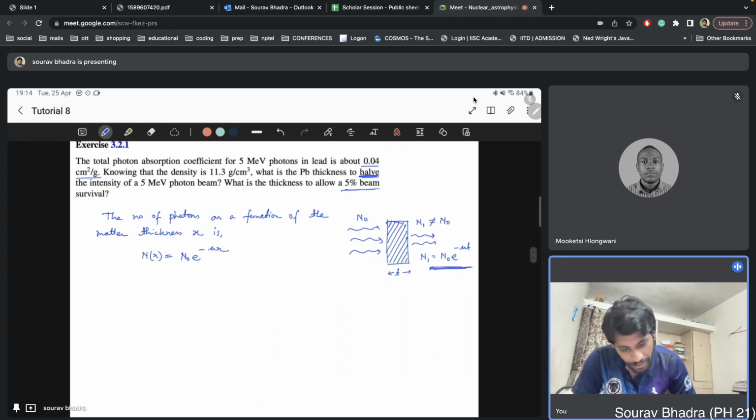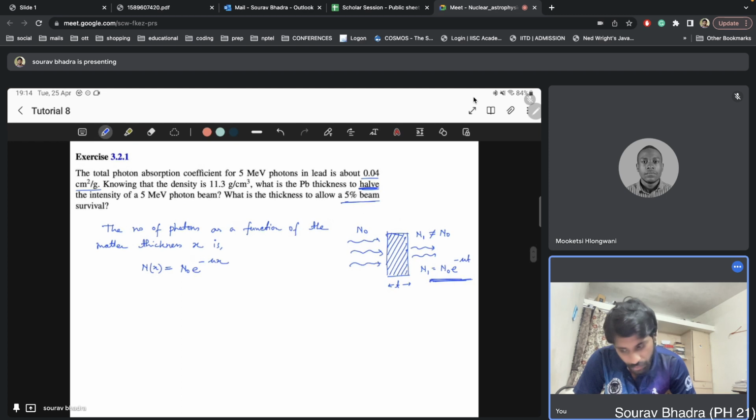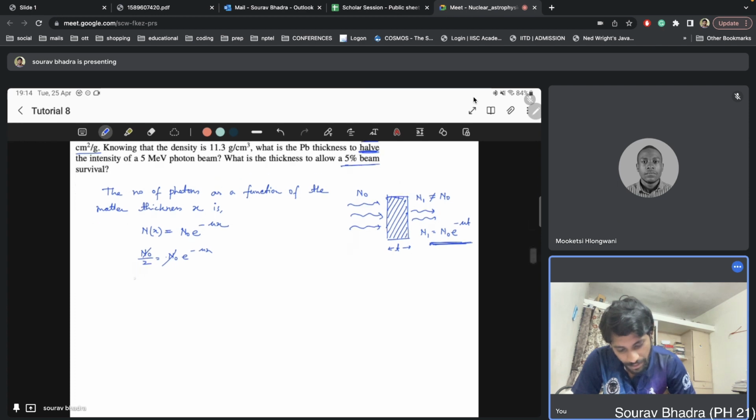According to our question, we have to calculate the thickness for which the intensity will be half of the incident intensity. That means our nx is n0 by 2, where n0 was the incident intensity. This is a very simple problem, but an important one. We will denote it as x half. That means at a distance of x half, the intensity will be halved. So half is the subscript of x.